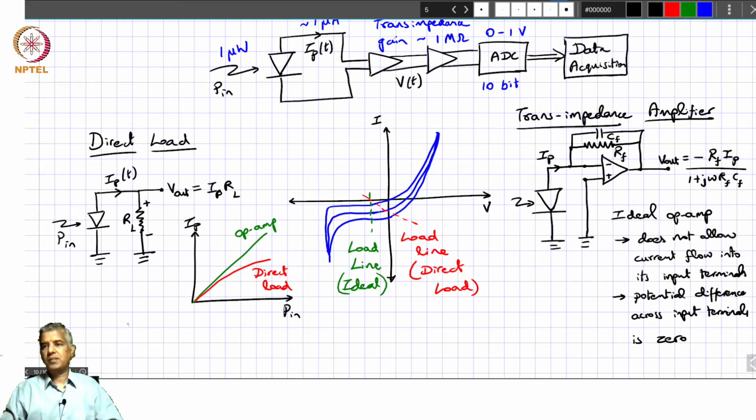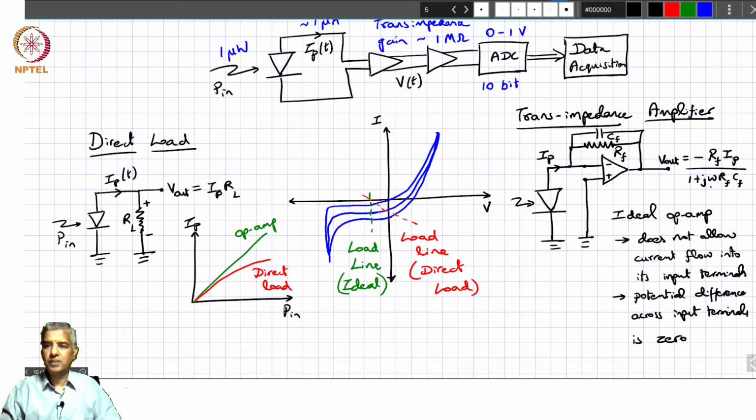If f is much lesser than 1 over RF CF, then this entire component will be very small, so it may be neglected.